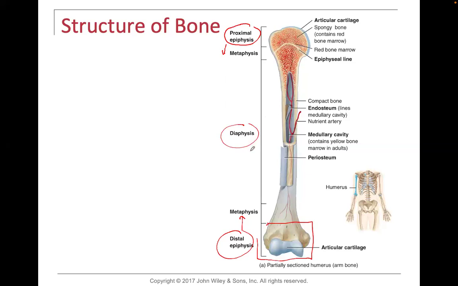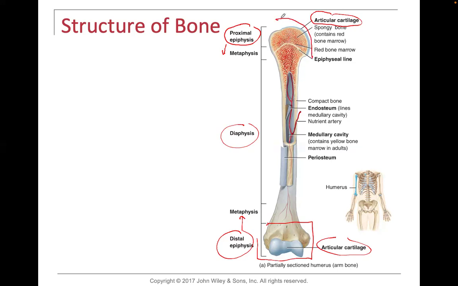That's the shaft. Now, what we'll have superficially next to the proximal epiphysis and the distal epiphysis, which is this grayish sky blue, is what we have referred to as articular cartilage, because this is going to articulate with other bones. This will articulate with the scapula at the glenoid cavity.